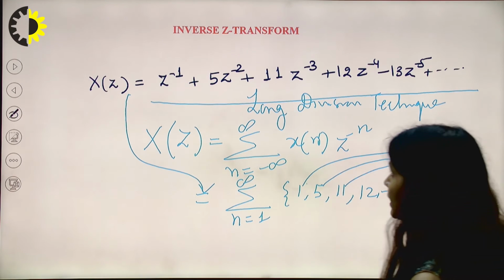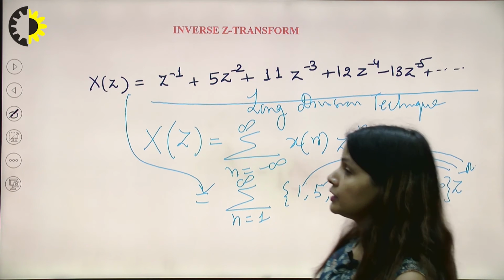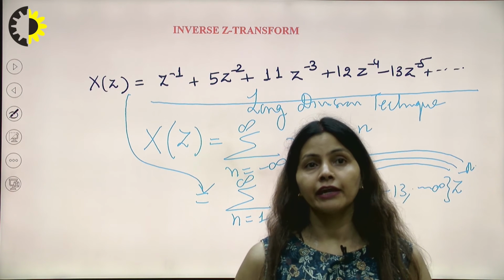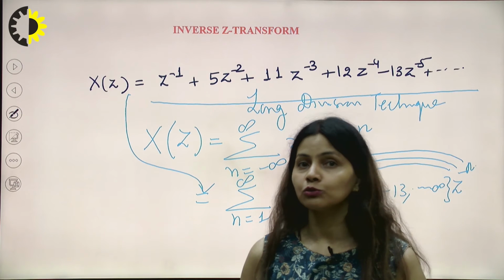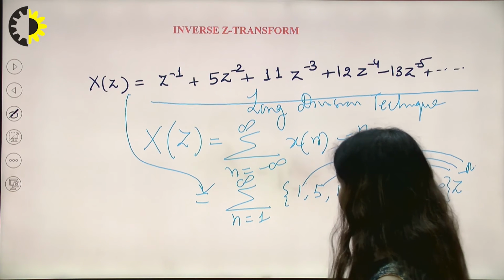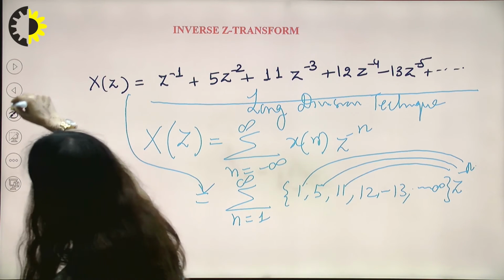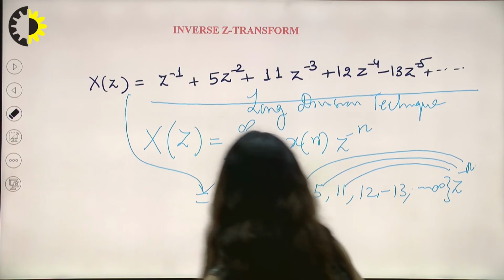So at the end I can write the sequence as 1, 5, 11, 12, minus 13 and so on, and since the sequence is causal, this is a very important point.